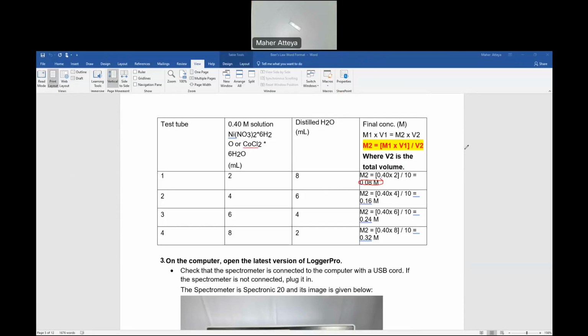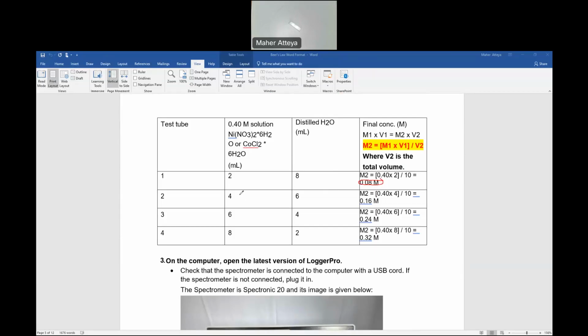Second test tube, we don't have test tubes that can carry the total volume of 10 mL, so use small tiny beakers. If you have the larger test tubes, yes, they can carry 10 mL total. But if you don't have them, then use small tiny beakers for the 10 mL.